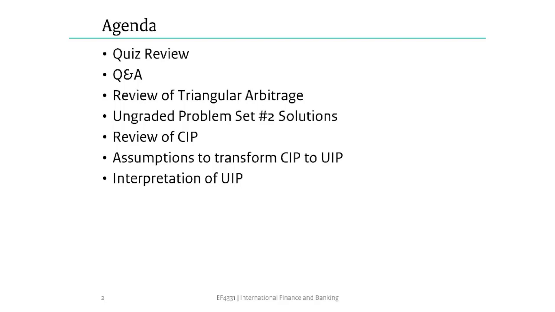So today is mostly going over practice problems and getting familiar with the kind of questions that I may ask you on the midterm. And then for the rest of the day, our lecture is on transitioning from the covered interest rate parity to a so-called asset pricing model, or an asset approach model, in which we're trying to derive an expected returns model based on CIP.